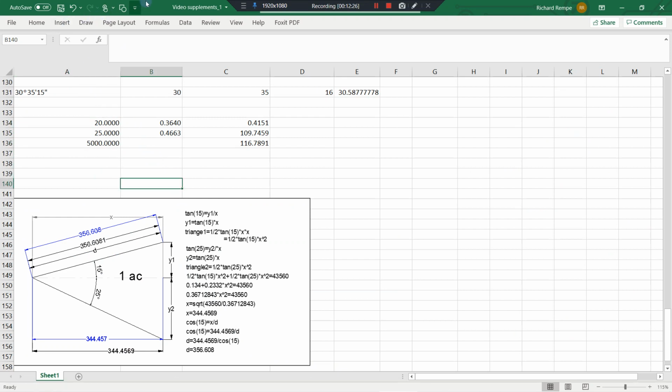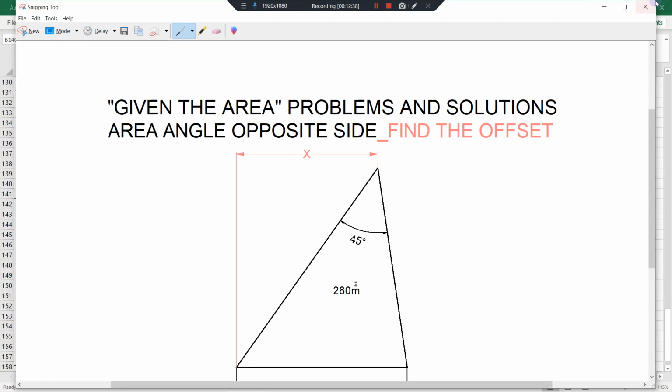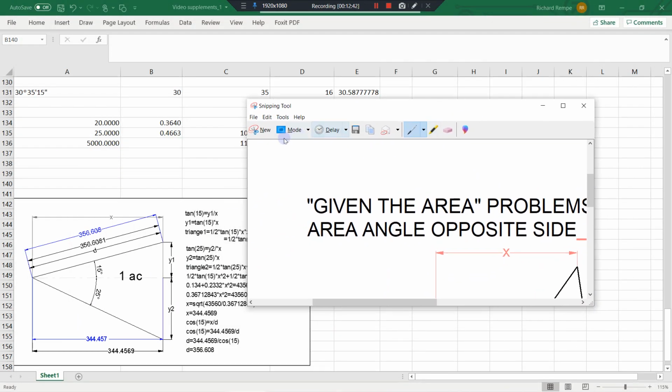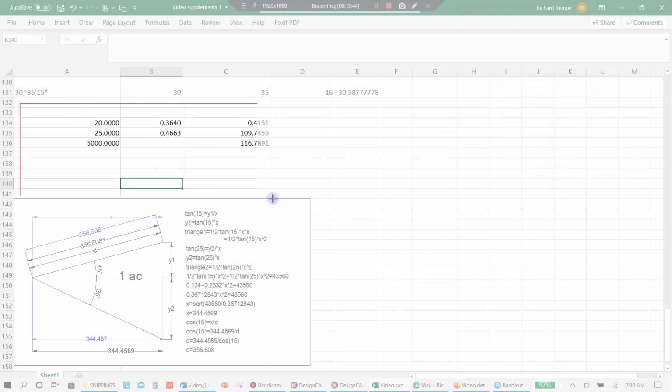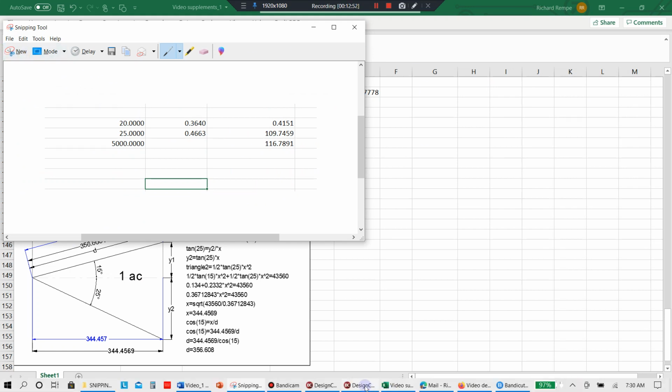I could turn it into a table, I think, and copy and paste it, but I'm just going to do it like this. Snip. What the heck happened? Oh yeah, file new. We're going to put in this information.